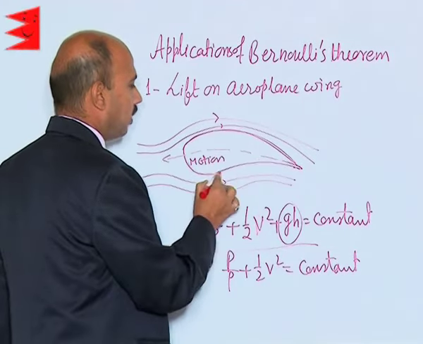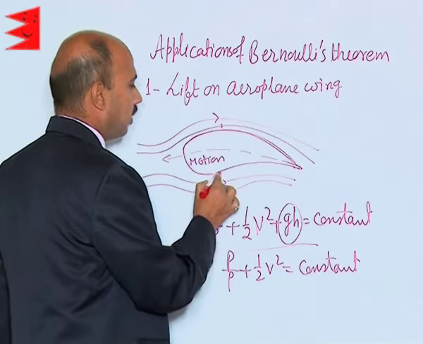When the velocity is very high here, there is obviously much higher kinetic energy compared to the part below. So when the kinetic energy is higher, the pressure energy will be lesser, and at the bottom, the kinetic energy is lower. So pressure energy is greater because the sum remains constant.